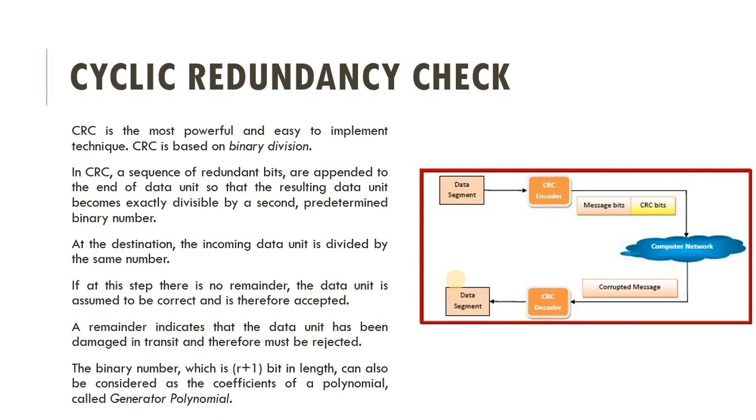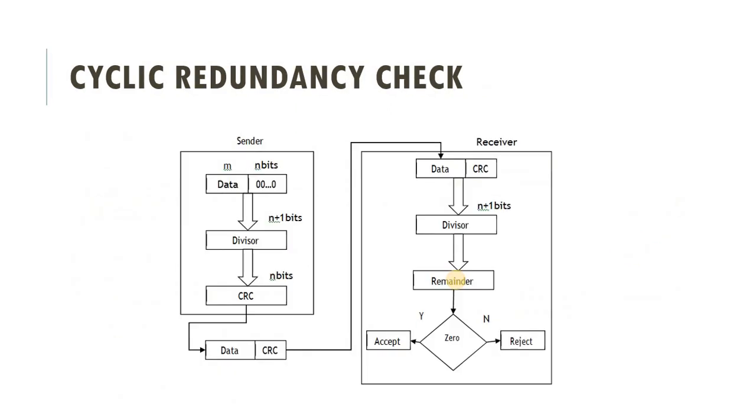So the binary number, which is r+1 bits in length, can also be considered as the coefficients of a polynomial called the generator polynomial. So in that also we are using some polynomial equations for finding the CRC bits. Now first let's understand how the process works.